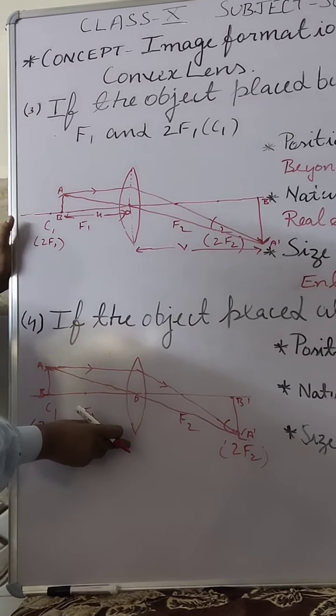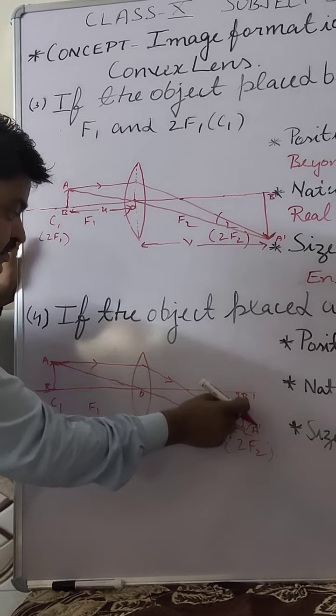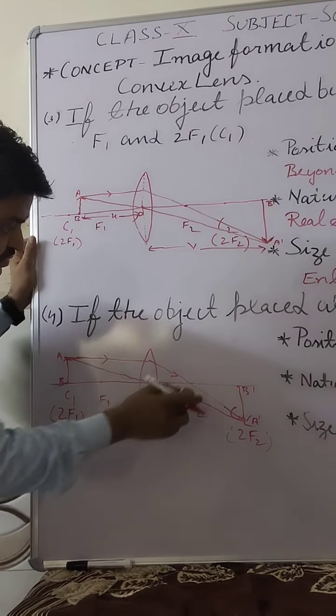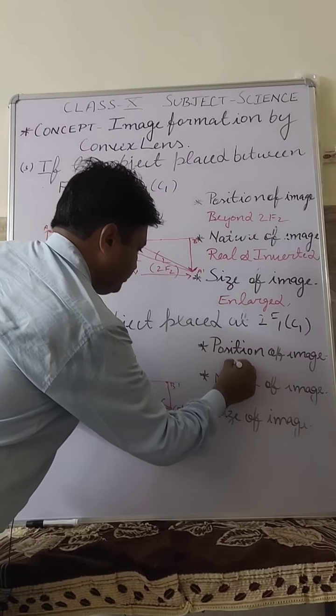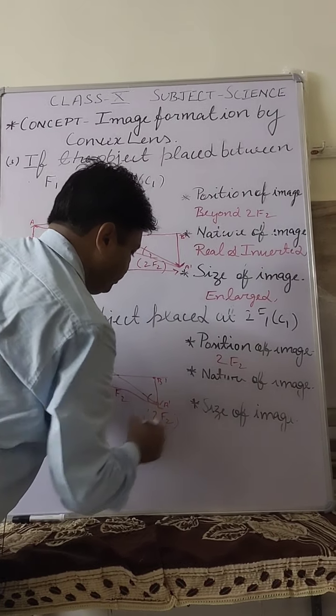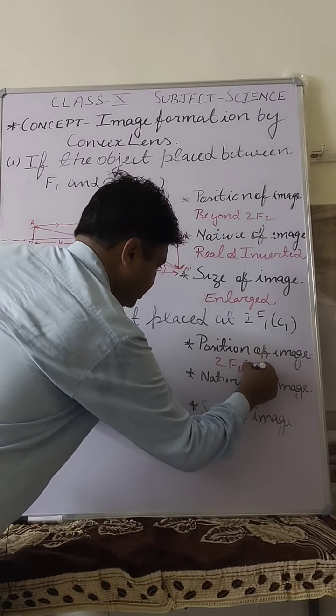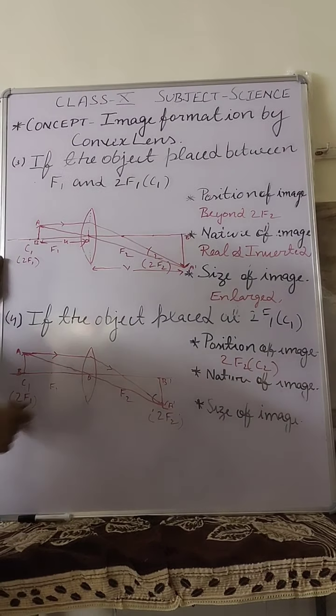So you can easily look at the position of the image here. What is it? It is 2F2. So here you write position of image is 2F2, or you can also write it is C2.